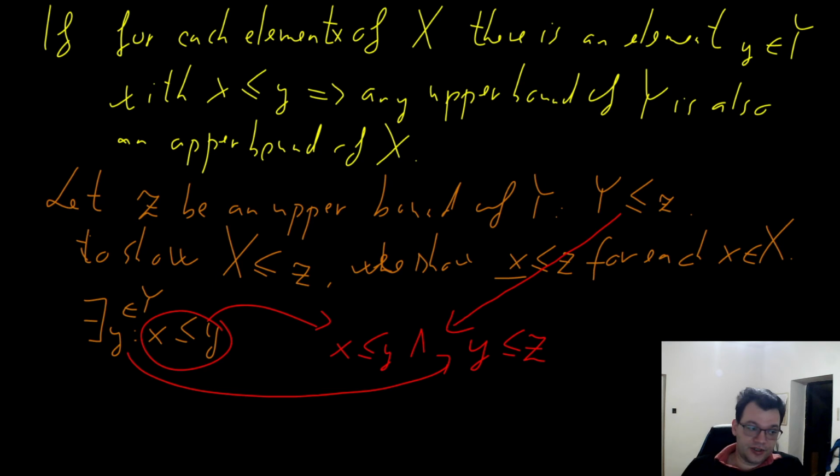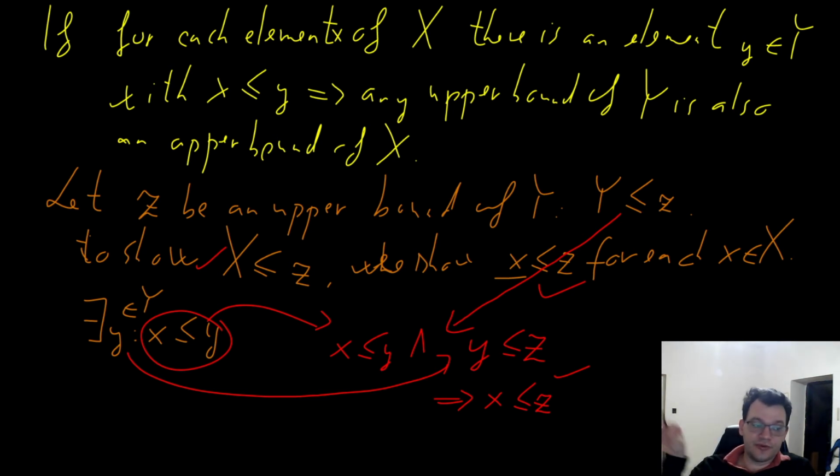Now here is where the transitivity property kicks in, so we get that x is smaller than or equal to z. And that's fine. So basically, if I just have a base set and I increase some of the elements, or keep them in place, and I deduce something as an upper bound of the new set, then this upper bound will also be an upper bound of the original set. Okay.